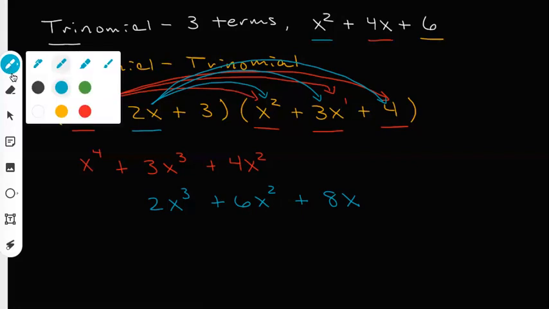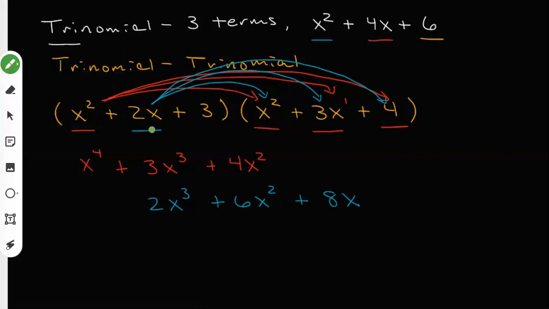And then the last thing I need to multiply everything by is the 3. I'm going to use green for this one, so I'm going to underline the 3 next. Now I'm going to take the 3 and multiply it by all 3 of these terms over here. 3 times x squared, what would that be? That would be 3x squared, right?